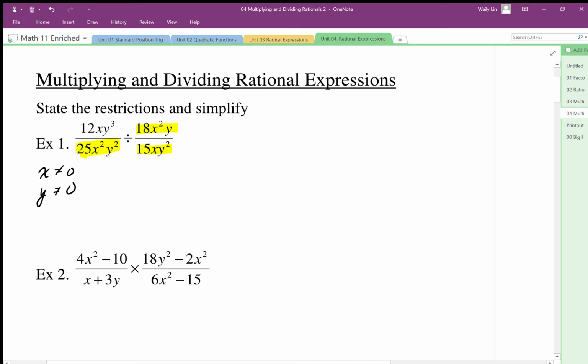So those are restrictions. Once we've stated our restrictions, we should convert this to multiplying by the reciprocal, and we can have all our multiplications on top and all our divides on the bottom.